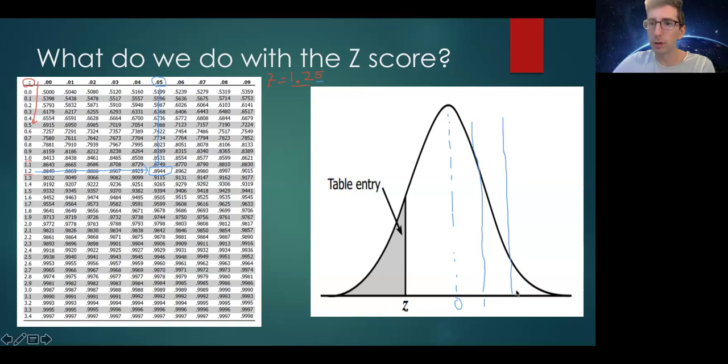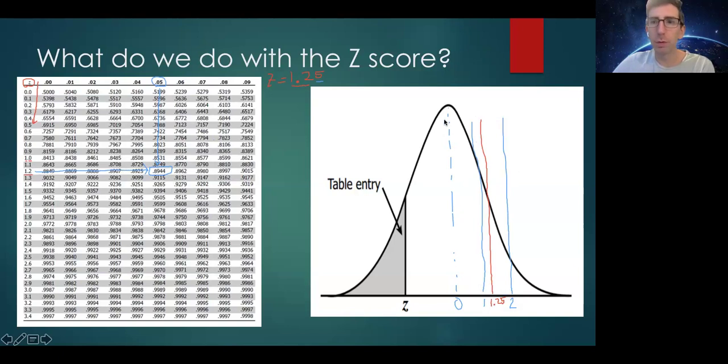So you go 1 standard deviation to the right, you're at 1. 2 standard deviations to the right, you're at a value of 2. And the z value that we found was 1.25, a little closer to the 1. This would be 1.25.